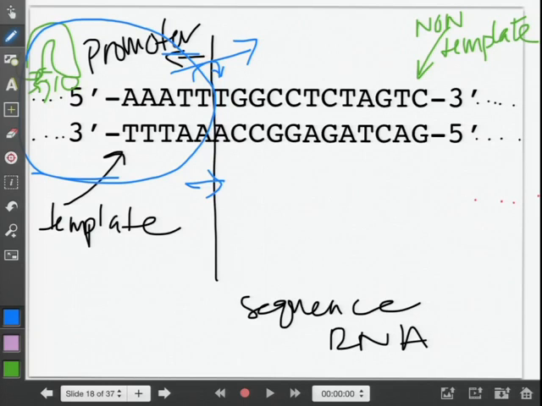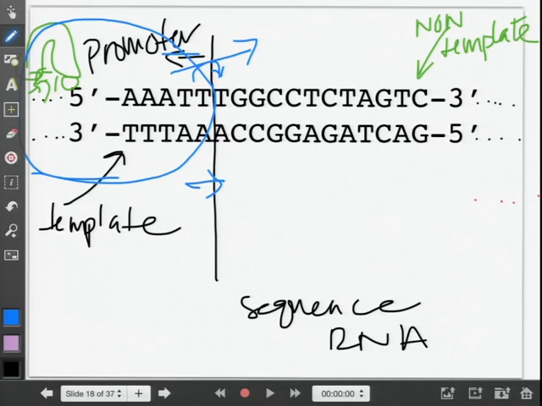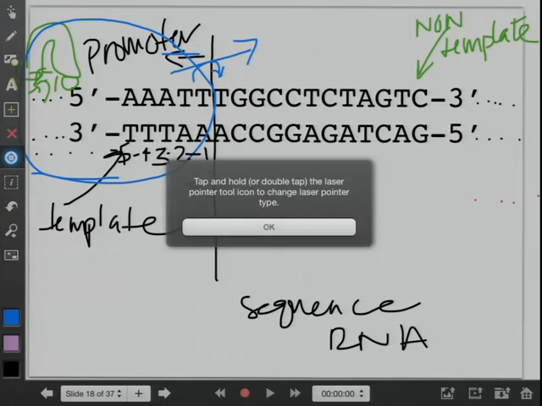It says minus 10, minus 35, because really you're counting backwards from here. We can't really see where it binds, because this is minus 1, minus 2, minus 3, minus 4, minus 5, 6, 7, 8, 9, 10.